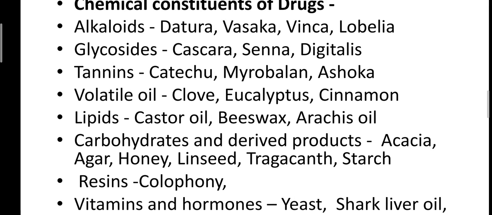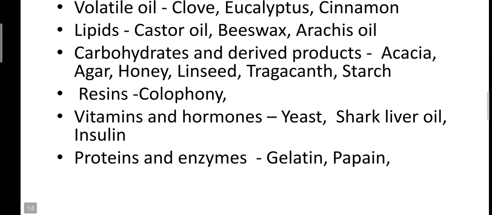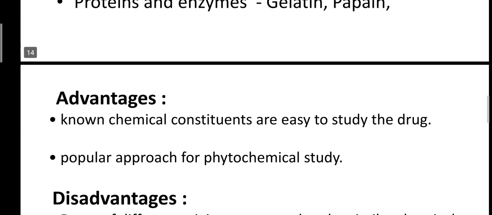Lipids: castor oil, beeswax, arachis oil. Carbohydrates and derived products like acacia, agar, honey, linseed, tragacanth, starch. In resins, colophony. Vitamins and hormones: yeast, shark liver oil, insulin, also peptide hormones. Proteins and enzymes like gelatin, pepsin come under the chemical classification.